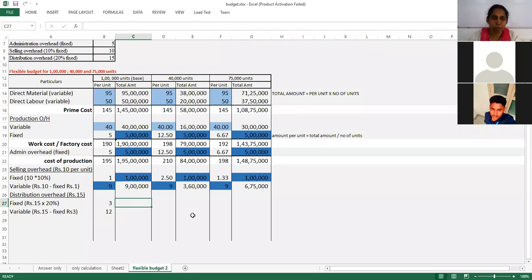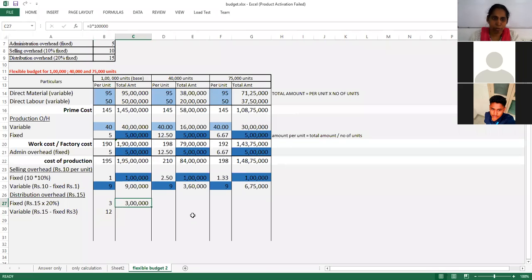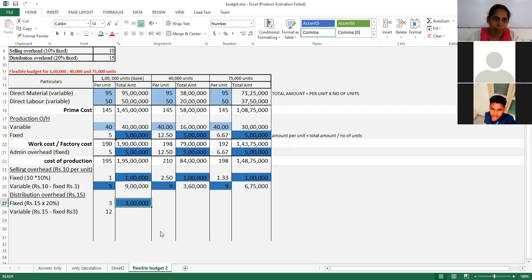Okay. Now this is fixed. 3 rupees is fixed. So I am going to calculate what is the total amount. Equal to 3 into 1 lakh, so 3 lakhs is the fixed.